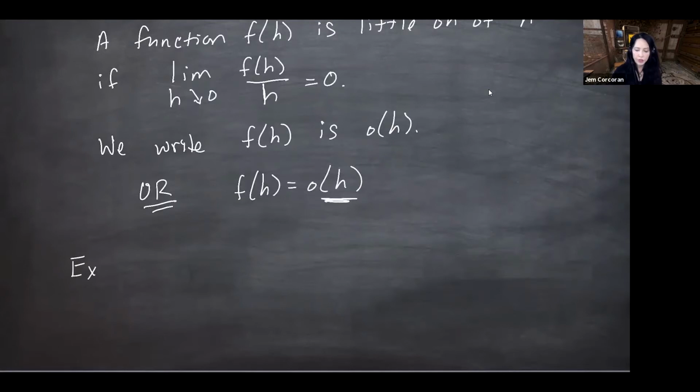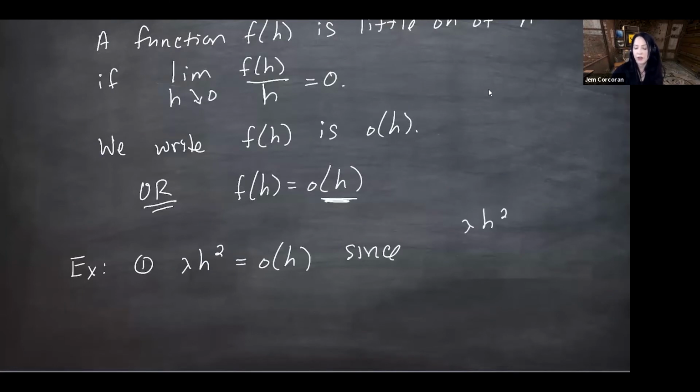So lambda h squared is, you know what, I'm going to do it like we do it. We actually write equals little o of h, since if you look at lambda h squared over h, you get lambda h, and that still goes to 0 as h goes to 0.